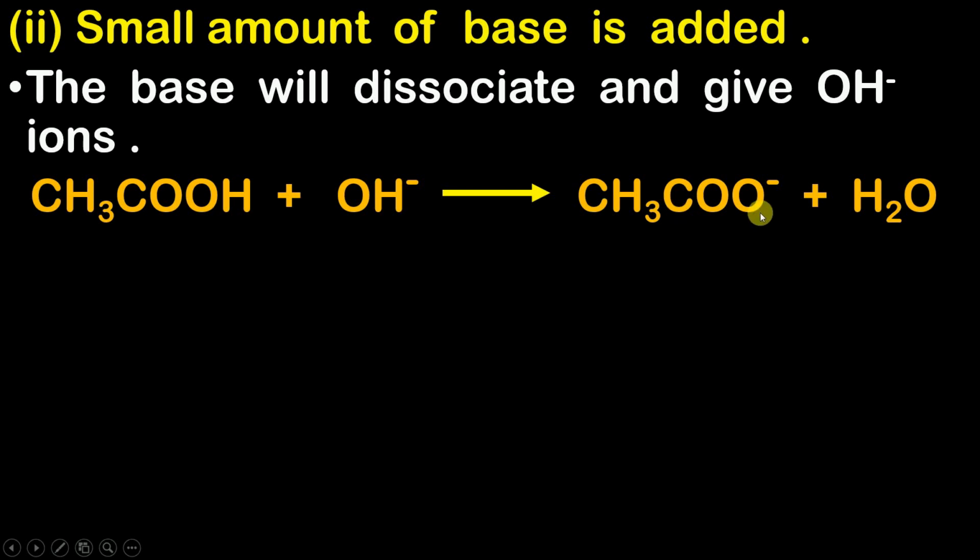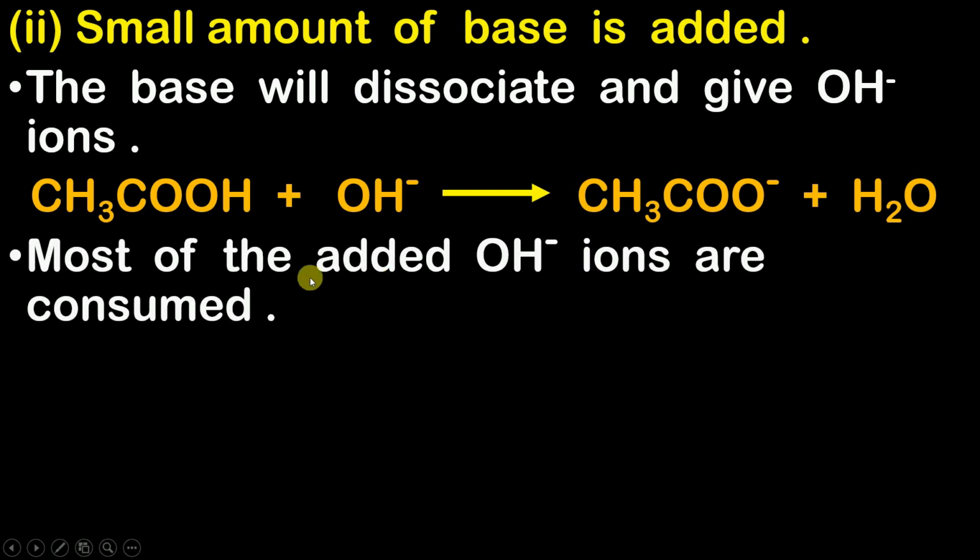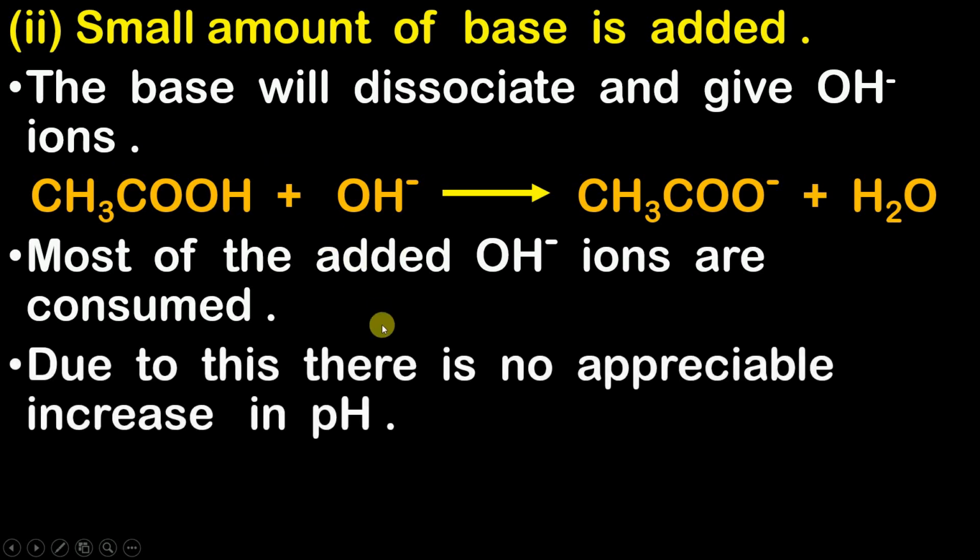In this way, most of the added OH minus ions are consumed by CH3COOH, and due to this there is no appreciable increase in pH, because whichever OH minus ions you are adding are consumed by CH3COOH. So there is no appreciable change or increase in pH.